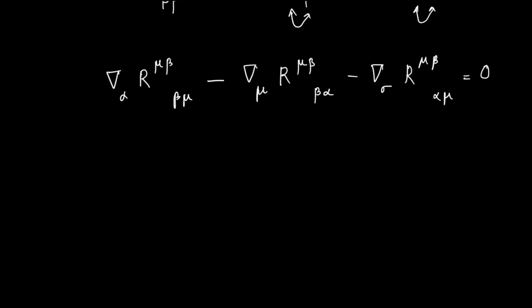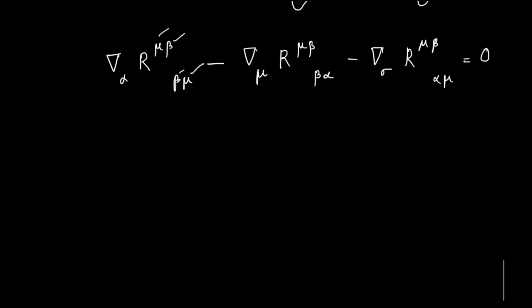Now if you see here, there is beta, beta, mu, mu, so everything is summed over. Therefore I can write R, minus, beta and beta are summed over, then I will get R mu alpha, because beta and beta are summed over.